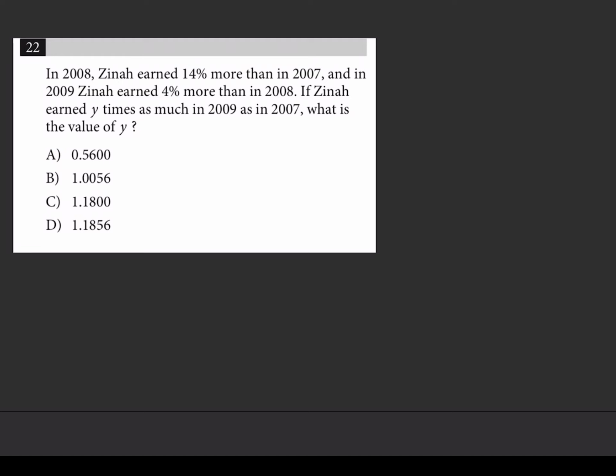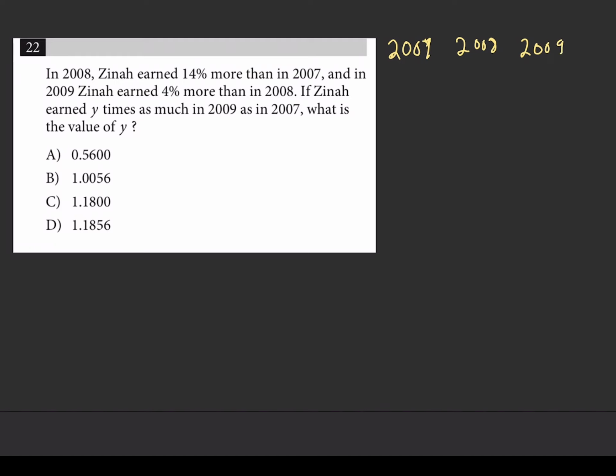So I like to do this out as a visual. If I'm going to have 3 years, there was 2007, that's my starting year. Then I go to 2008, then I go to 2009.